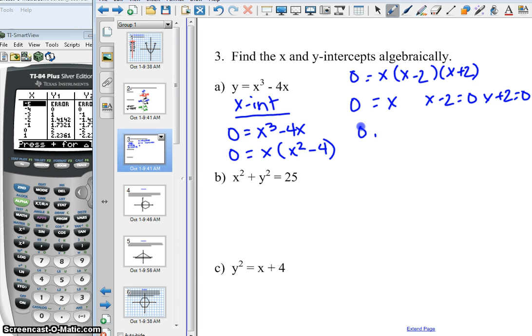So our zeros are 0, 0 for this one, 2, 0 for this one, and negative 2, 0. It's very important that you write your intercepts as coordinates. You will be counted wrong on the test and the quiz if you leave them as x equals 2 or x equals negative 2.